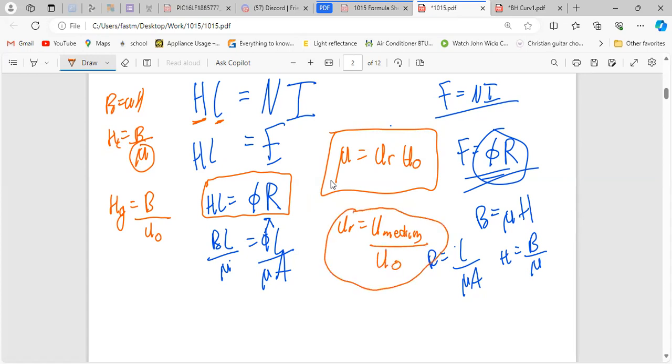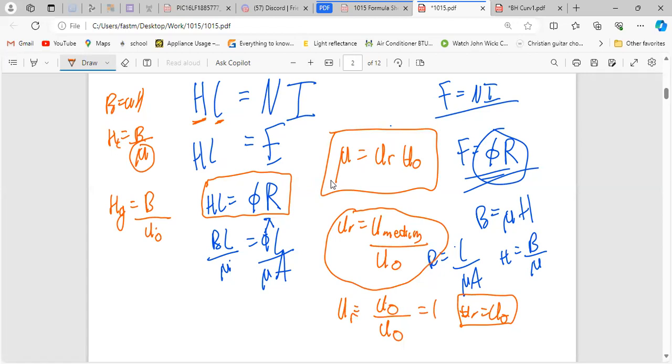It is relative to free space. But mu R for air, the medium is mu 0, and we're relative to mu 0, so mu R would just be 1 for free space. Yeah, so that is why for this one here, it's just mu 0.